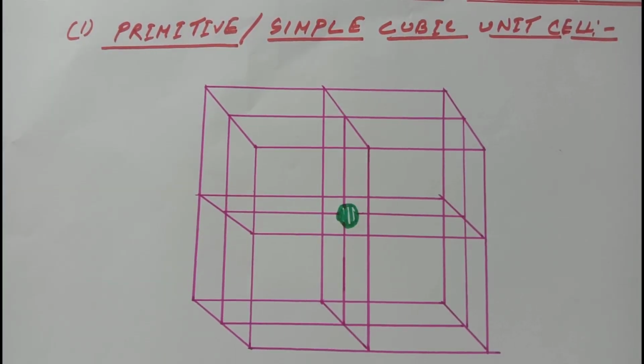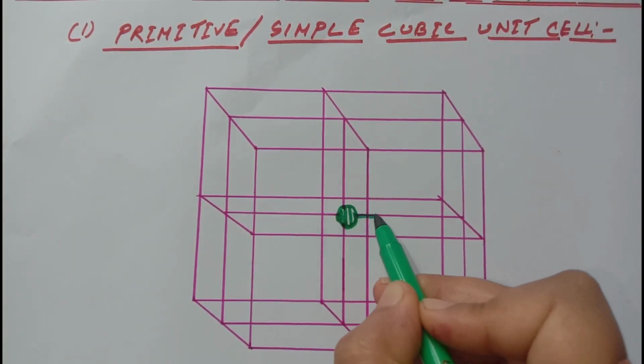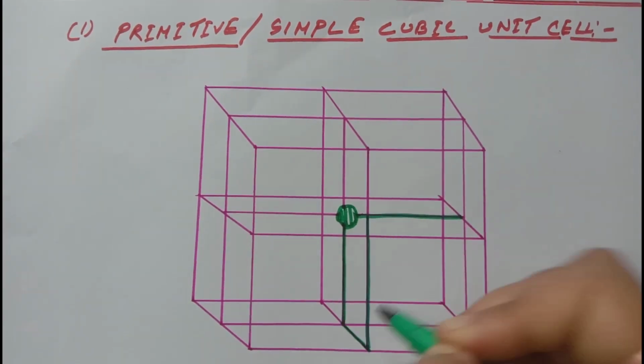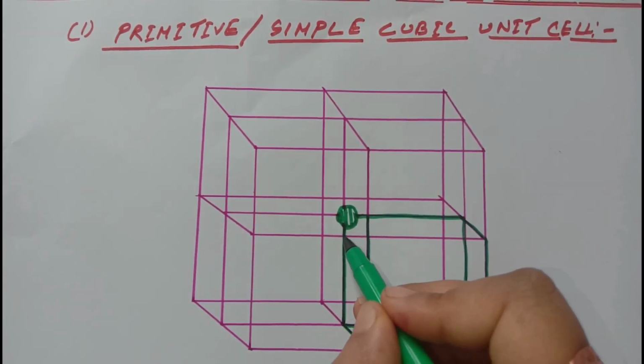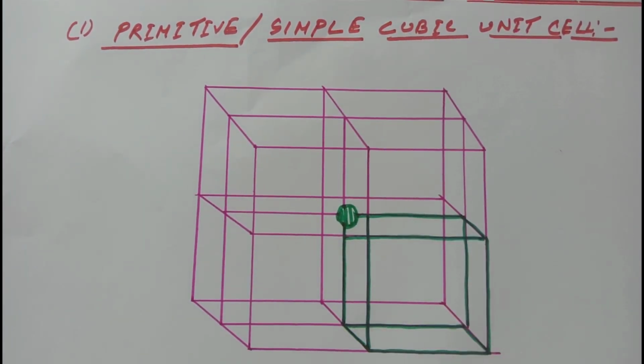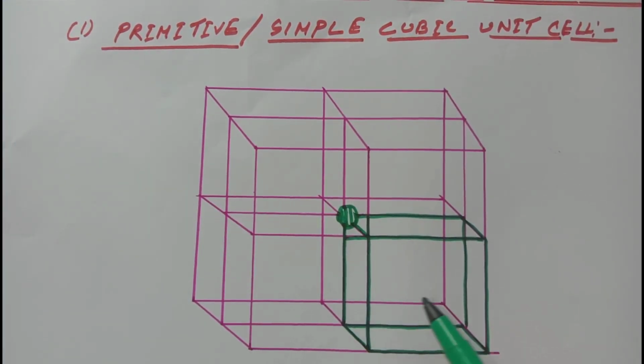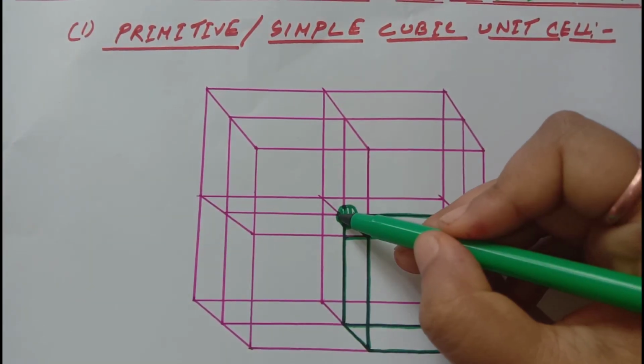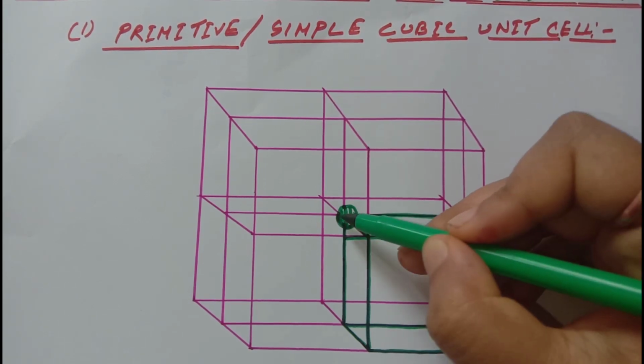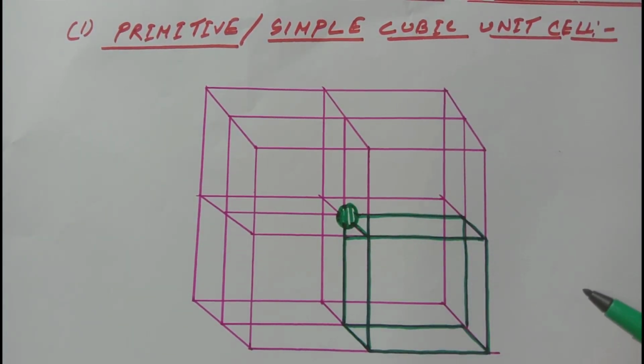Now see, this is a structure of a crystal lattice. I am considering one portion of the unit cell like this. This is the unit cell and this is one of the corner atoms present in that unit cell.